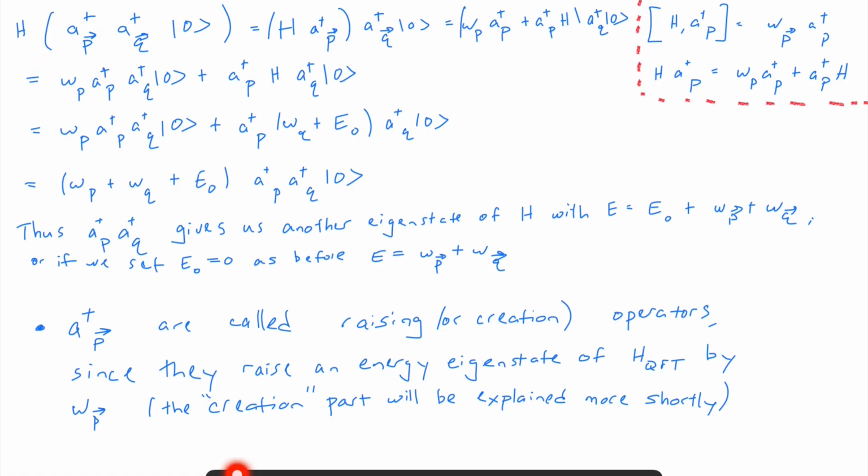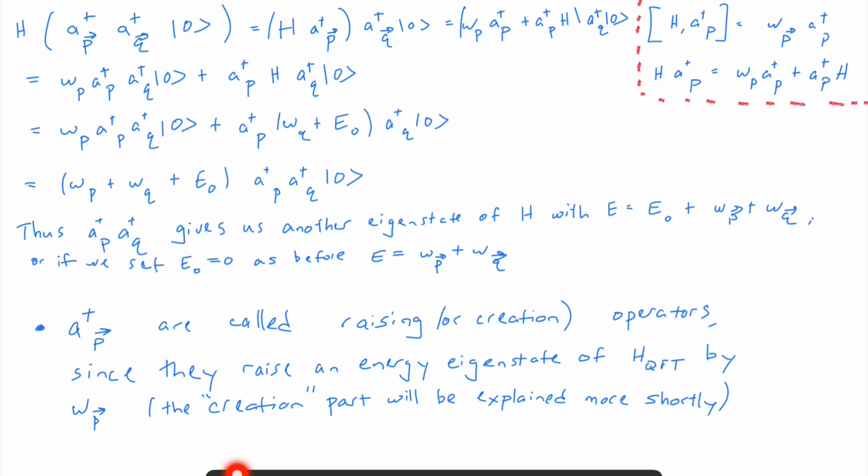By exactly the same type of argument, using these commutation relationships, if I hit the state 0 with a dagger p and a dagger q, where p and q are not necessarily the same, I also get an eigenstate of H, with eigenvalue omega p plus omega q. And again, if I set E0 equal to 0, that is the final energy, omega p plus omega q.